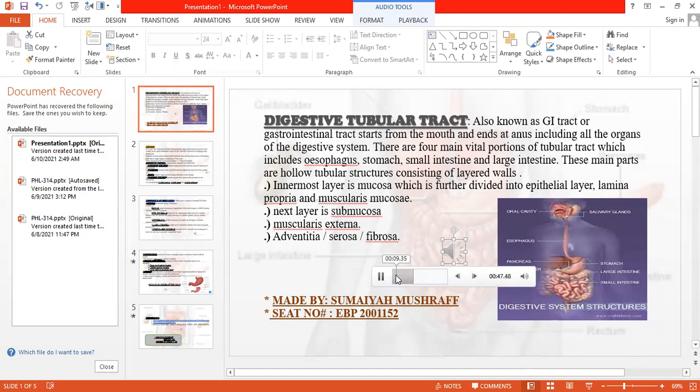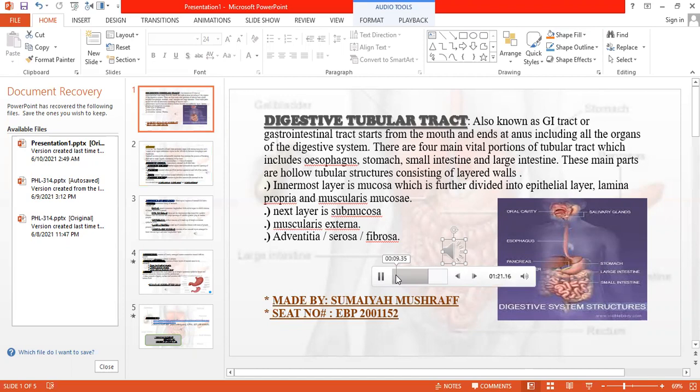First of all, we have to know what the digestive tubular tract means. The digestive tubular tract, commonly also known as GI tract, GIT, or gastrointestinal tract, is a pathway that starts from the mouth and ends at the anus, and it includes all the organs associated with digestion.